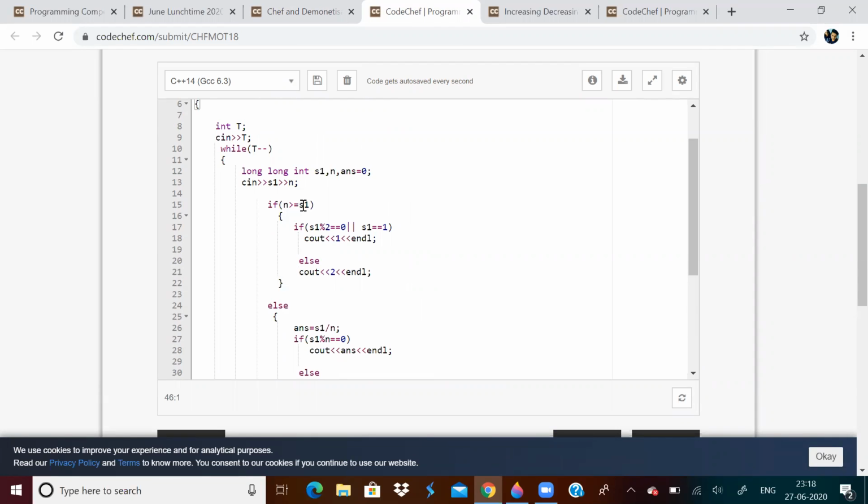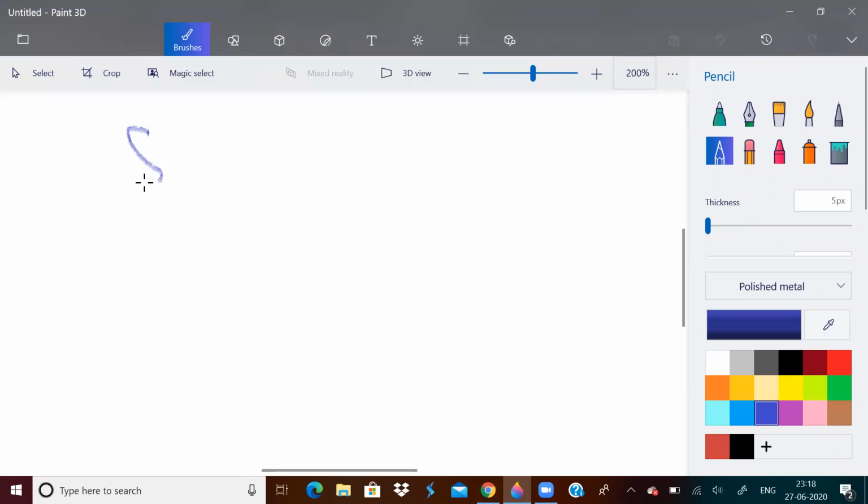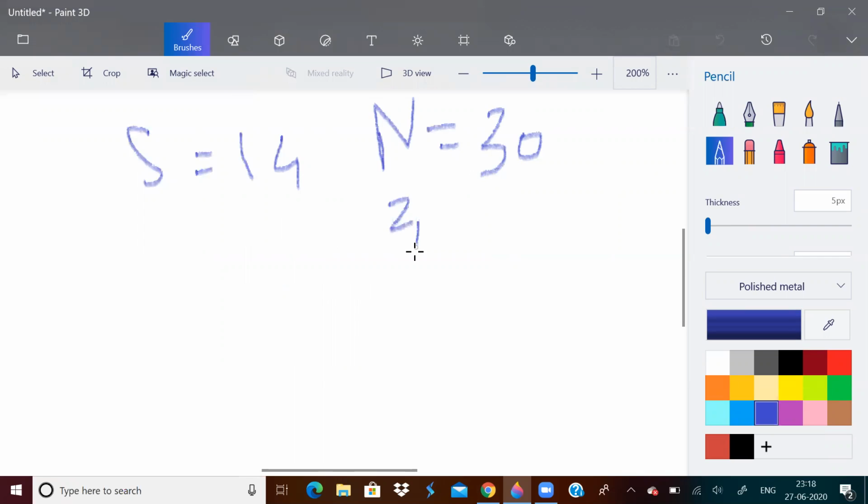So if n is greater than s, for example, if s is equal to say 14 and n is equal to say 30, then we have all even valued coins up to n. That is, we have 2, 4, 6, up to 30. So all even valued. Can I say for 14, there will be an even valued coin? So the answer is 1.